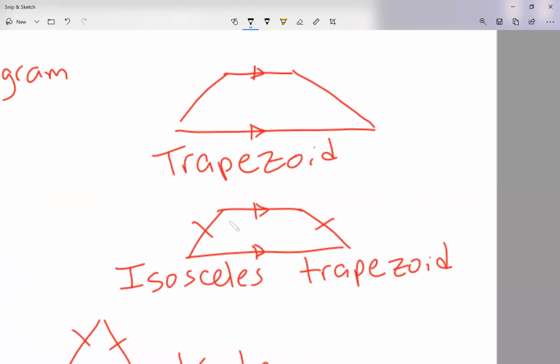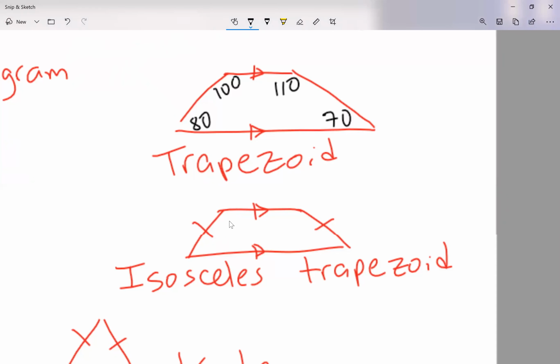Now, on the trapezoid, the interesting part is that the two angles on the left have to add up to 180, kind of like they do in a parallelogram. So let's say this is 100, this is 80. On the other side, they also have to add up to 180, but not the same numbers. So I could just say this is, let's say, 110, and this is 70.